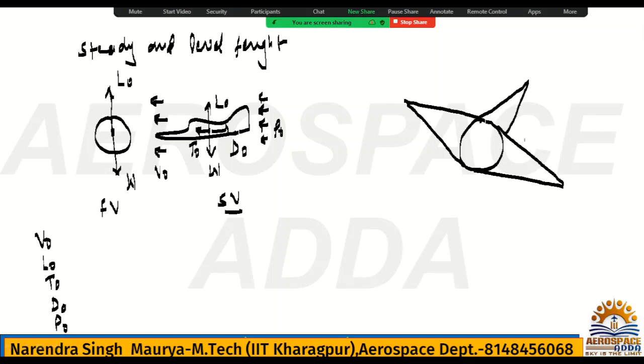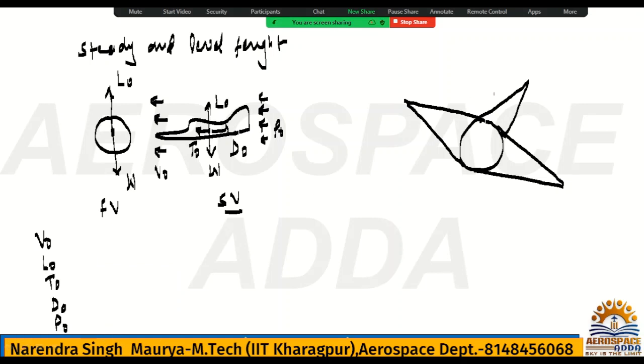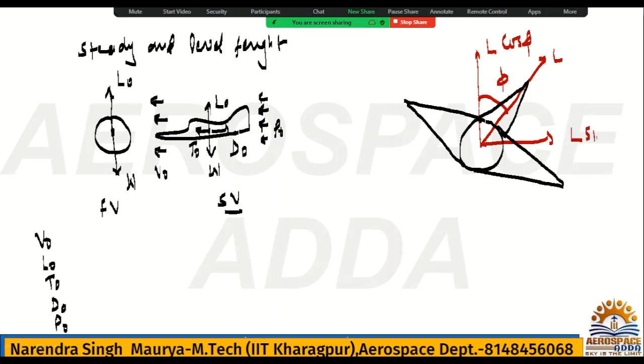All the forces here you have to show. This will be lift. It is banked, so a banking angle will be there. L cos phi, L sin phi.